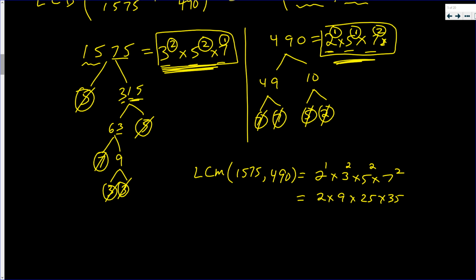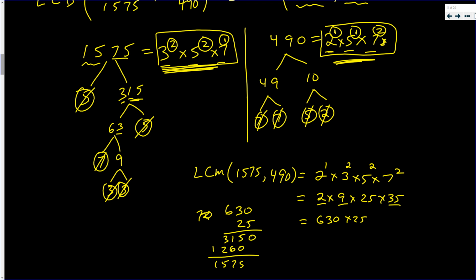And you can multiply this. 35 times 2, that's 70. But 70 times 9 is like 7 times 9 is 63 with a 0. Times 25. So we'll work that out. 63 times 25, 1575, and 630 times 25 is 15,750.